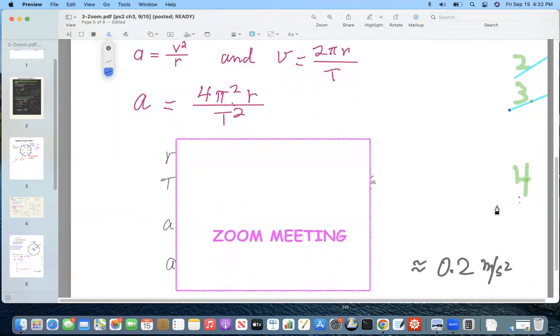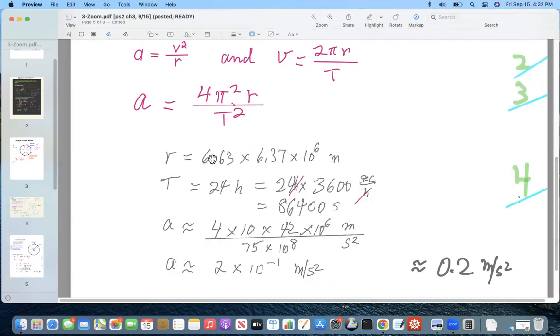So that's step three. Now, step four is to put the numbers into the final equation. r is 6.63 times 6.37 times 10 to the 6 meters. T is 24 hours, which is 24 times 3,600 seconds per hour.